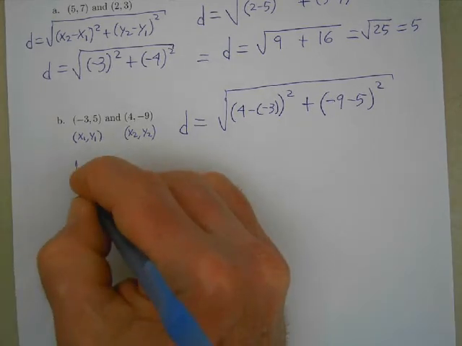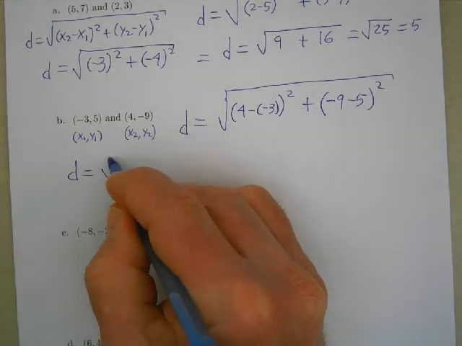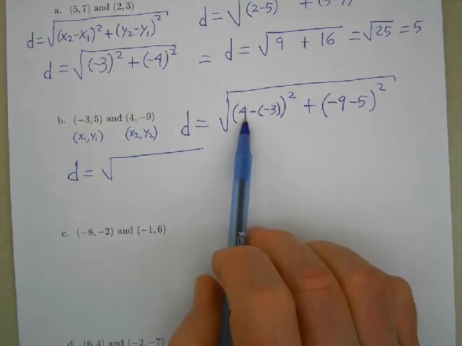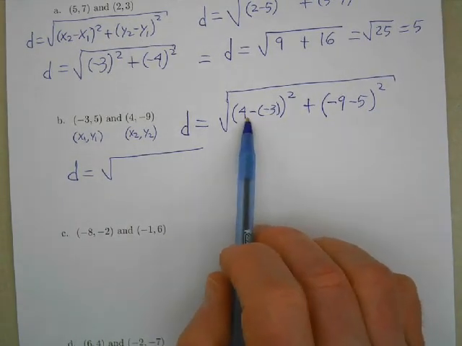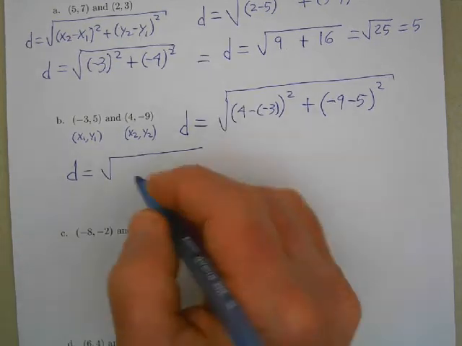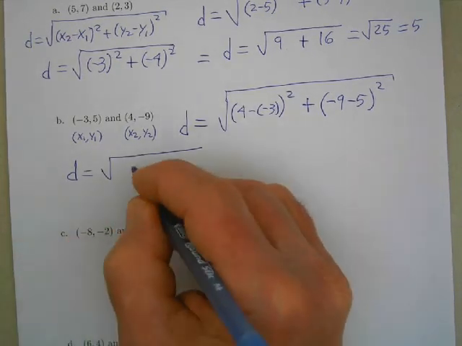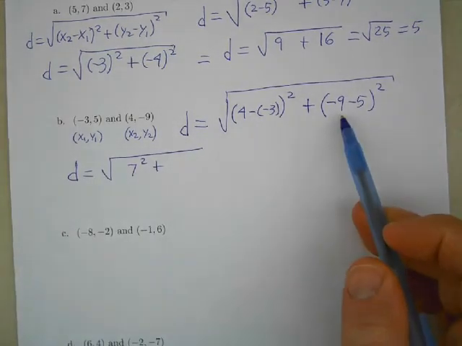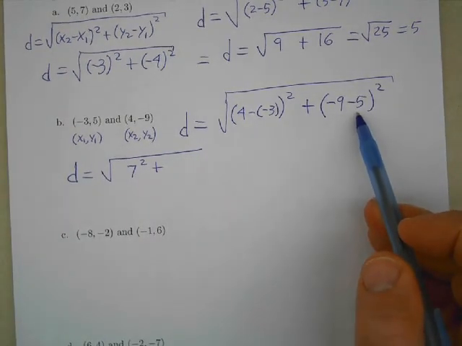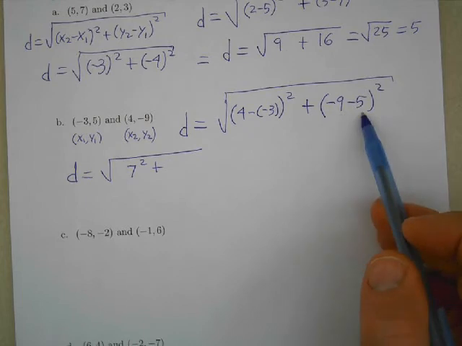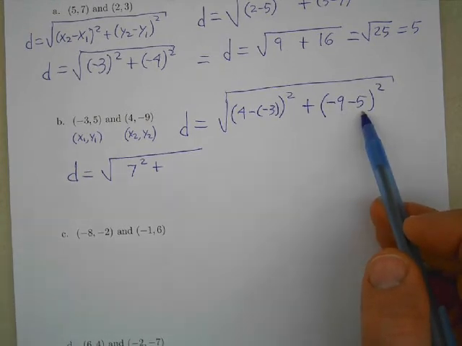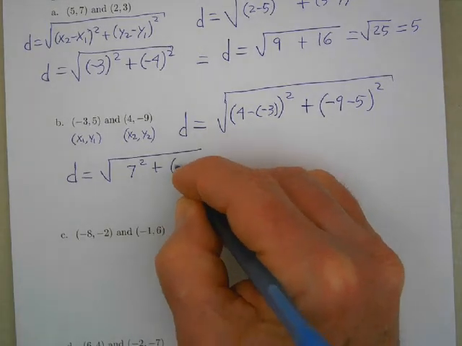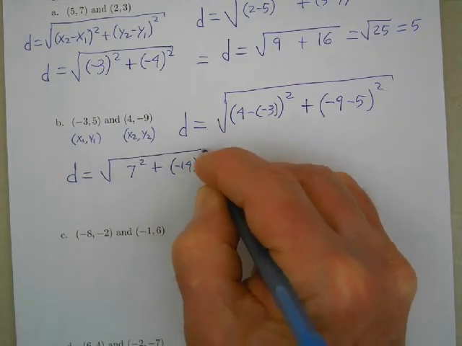Okay, so we'll get the distance equals the square root. Okay, so arithmetic, 4 minus negative 3 is the same as 4 plus 3. And 4 plus 3 is 7, so we get 7 squared. And then negative 9 minus 5 is negative 14, and so we'll get negative 14 squared.